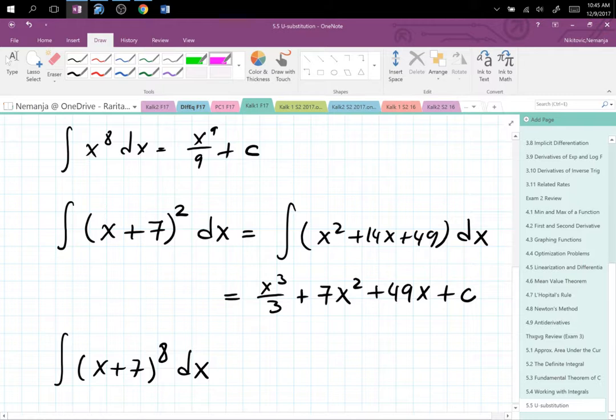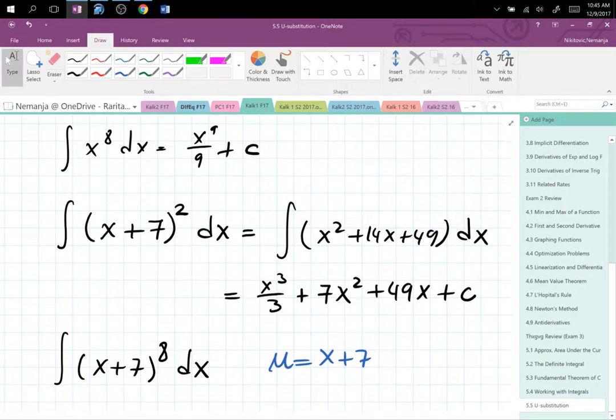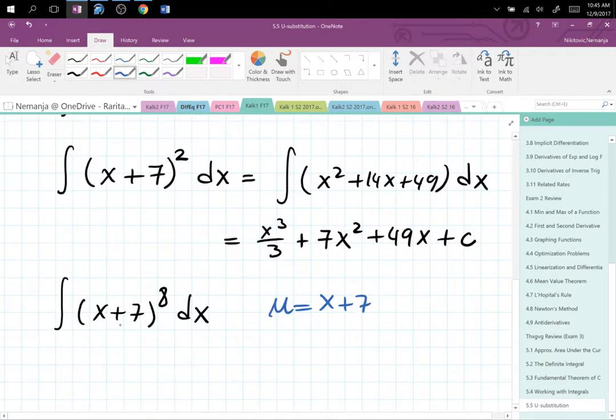If you adopt the way of thinking, which, you talk to yourself as you're doing this problem. You say, I could do this problem if this x plus 7 was a variable, rather than an expression. If that was a single variable, I can do the problem. But then you have to fit everything else, because now you are changing variable x to u.